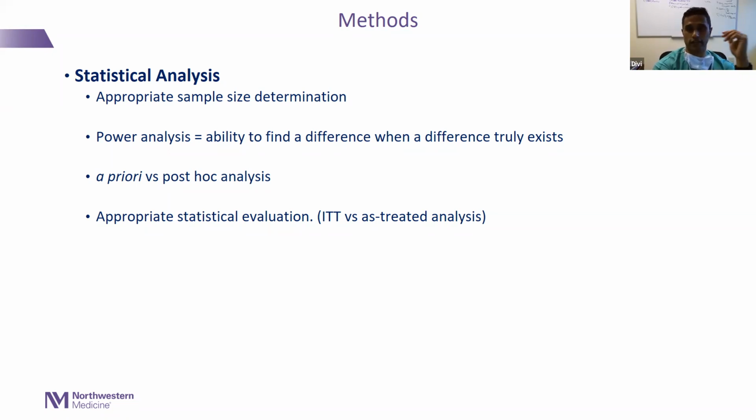For example, if your retrospective study found a difference, then you don't really need to do a power calculation. If your retrospective study didn't find a difference, the power calculation tells you, do you have enough patients in your group to find that difference?